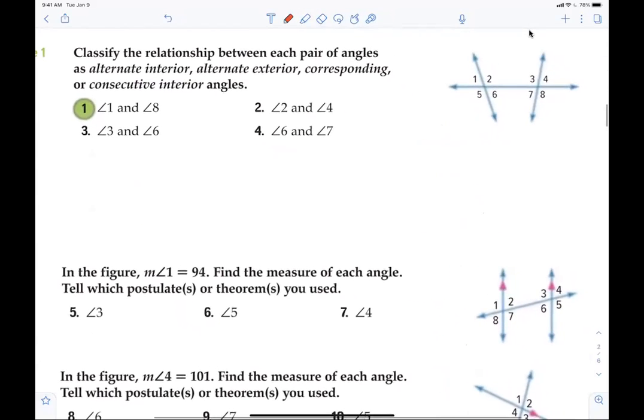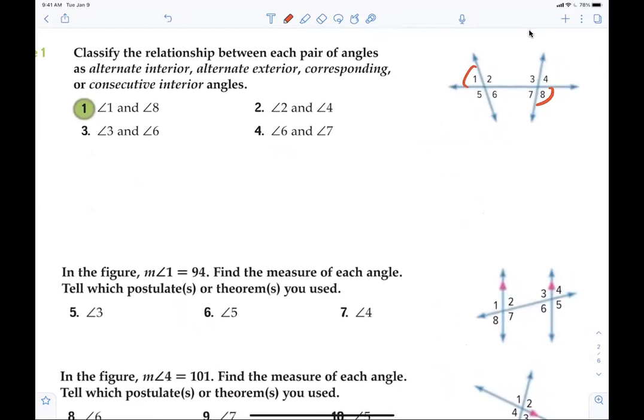Number 1, everybody look at number 1, 2, 3, and 4. Of course, abbreviate. Now, 1 and 8 are called what? Alternate exterior.